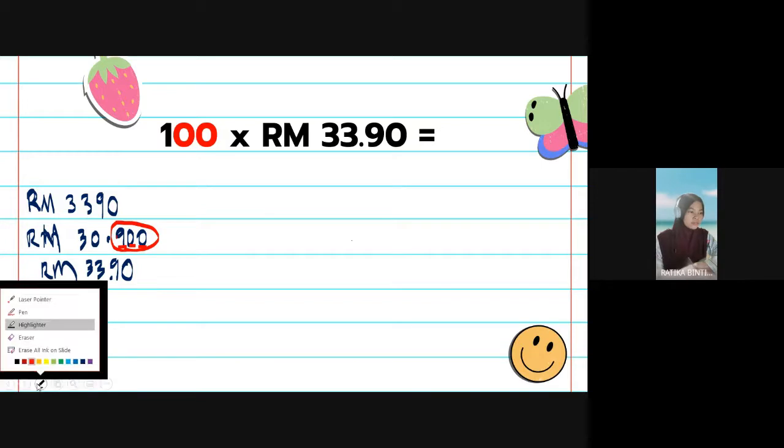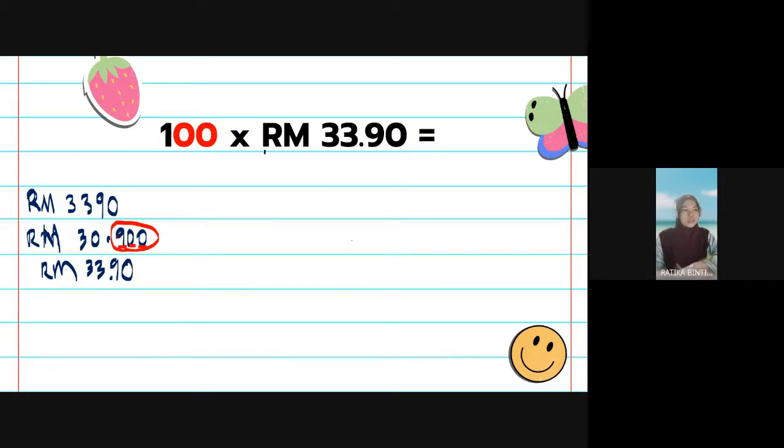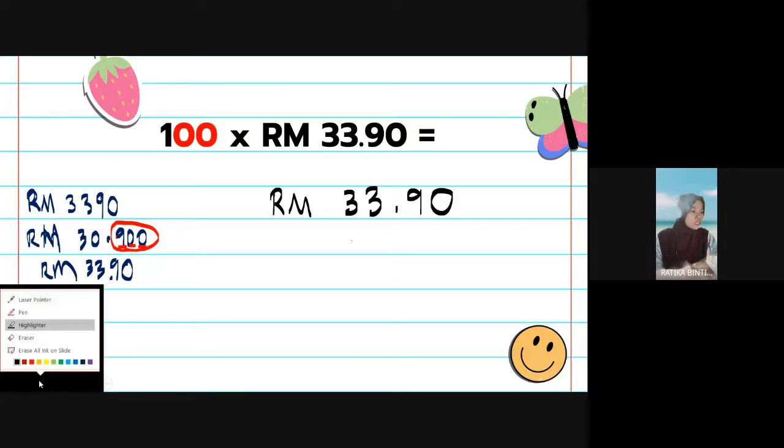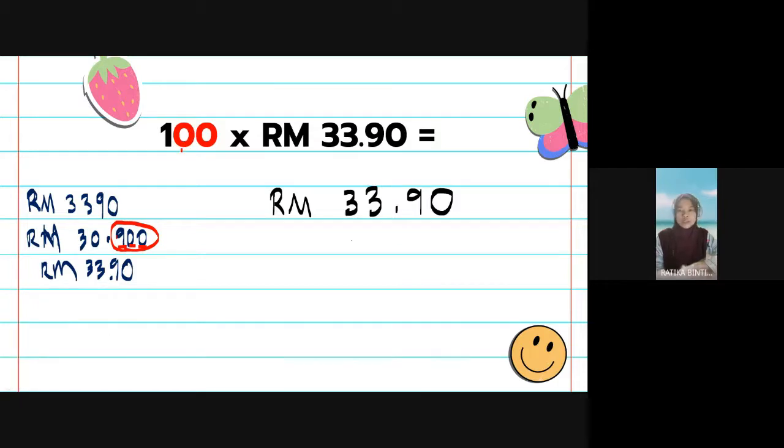Okay, now check. Okay, which one do we need to copy? 100 or 33 ringgit and 90 cent? 33. Okay, so we copy dulu lah 33 ringgit and 90 cent. Then we add the zero. Kita tambah zero. How many zero do we need to add? How many zero? 2.